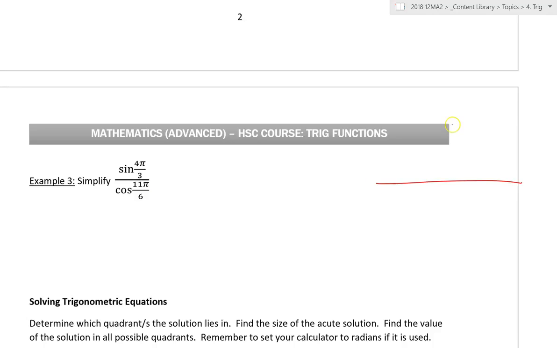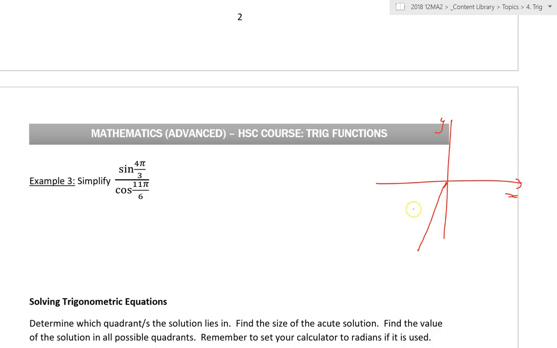So let's draw a little sketch first, X and Y. 4 pi over 3 is more than 1 pi and less than 1.5 pi, so it's here in the third quadrant. I reckon it is about here. That's my 4 pi over 3.